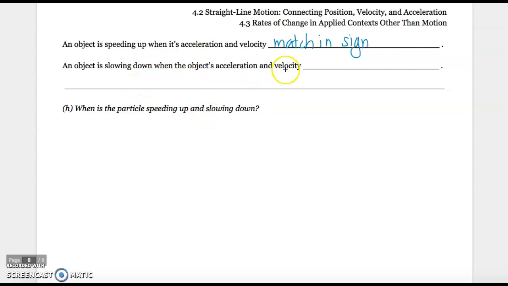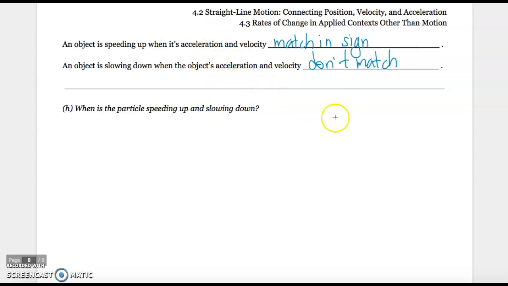An object would be considered slowing down when its acceleration and velocity don't match in sign. So even though my particle is moving forward, if my velocity was positive and my acceleration is negative, that means my velocity is acting in this direction, but acceleration is acting in this direction. And since they're acting against each other, your object would be slowing down.